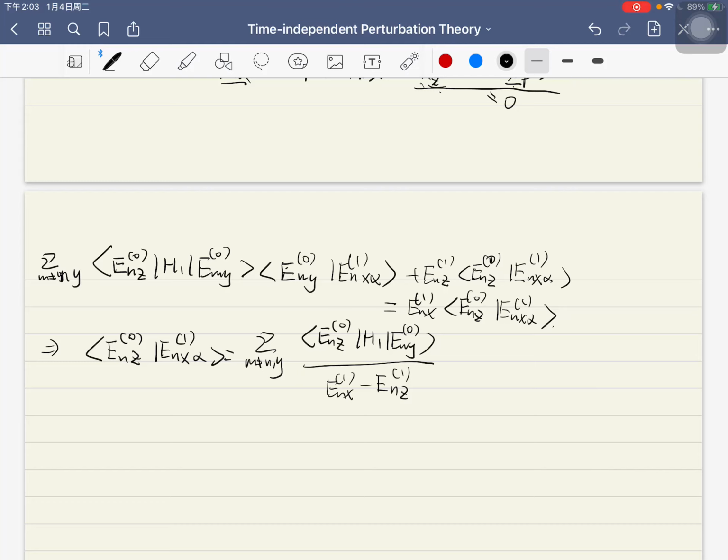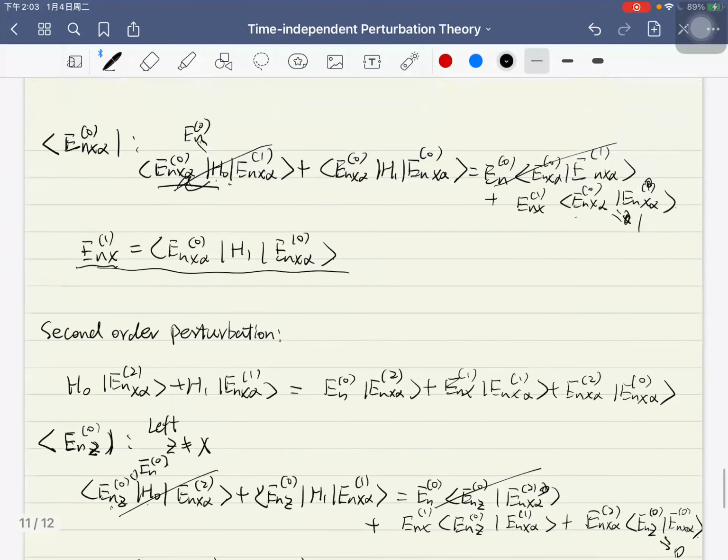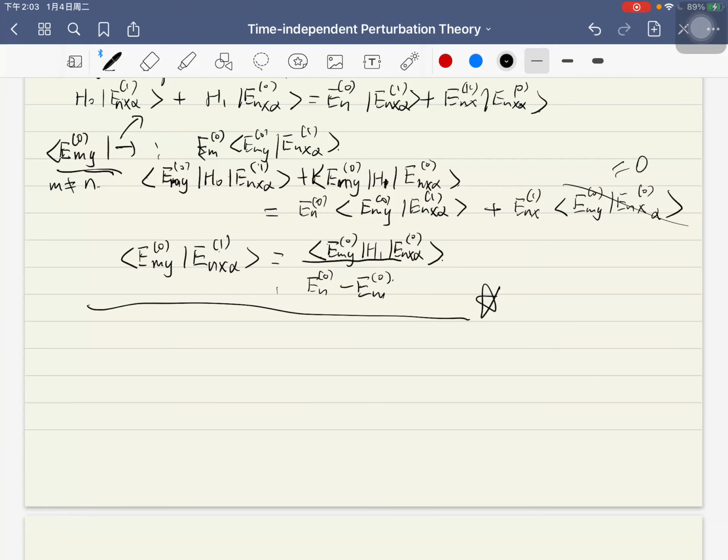We have e n y0 e n x alpha, and this term we have calculated before. This is our first relation.